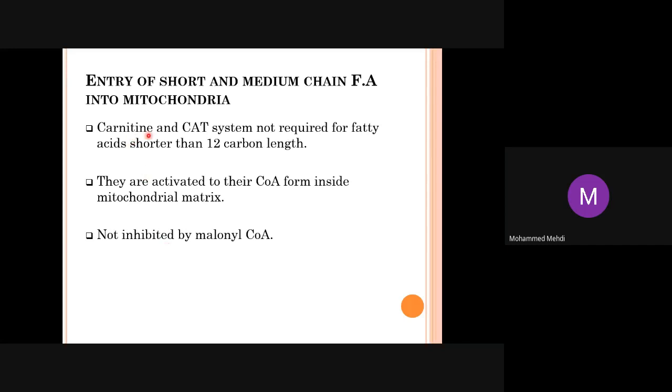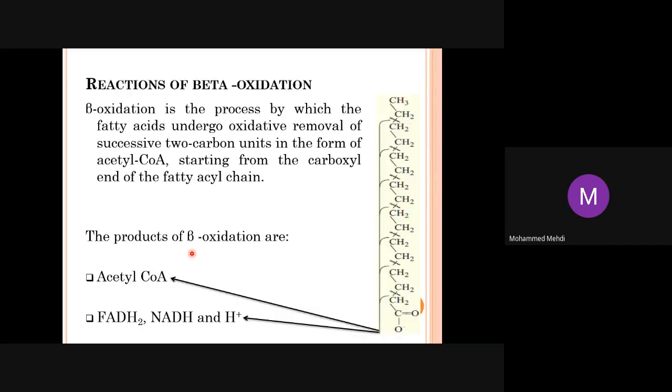Directly, they can be taken into the cell. They are activated into their CoA form inside the mitochondrial matrix. They are not inhibited even by malonyl CoA, because we don't need carnitine for their transport.